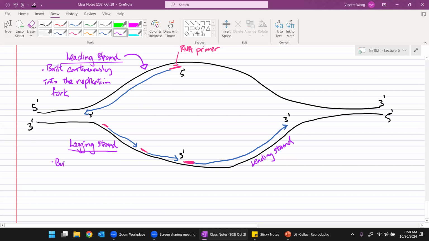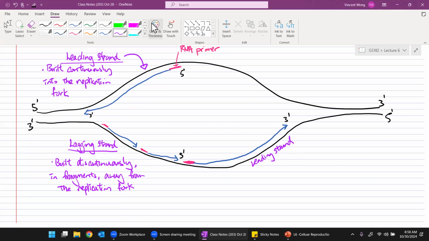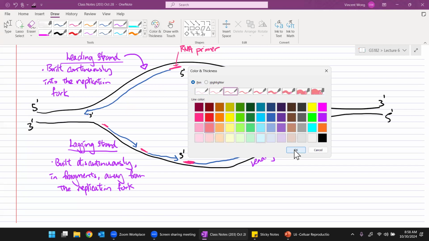So it's built discontinuously, in fragments, away from the fork. Now these fragments have a name.